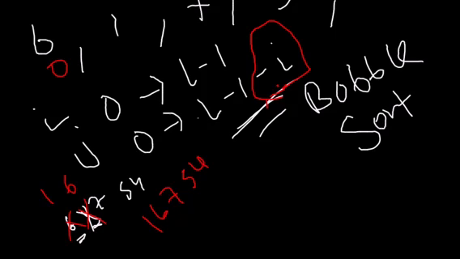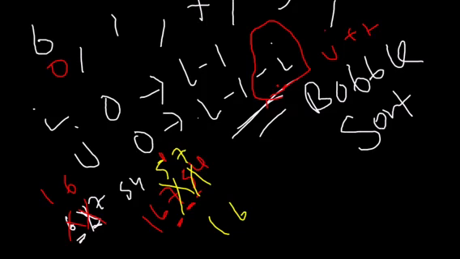Now J becomes 1, because of J plus plus. Now it compares 6 with 7. Is 6 greater than 7? No. J becomes 2. Now it compares 7 and 5. Is 7 greater than 5? Yes, so 5 comes here, 7 comes here.